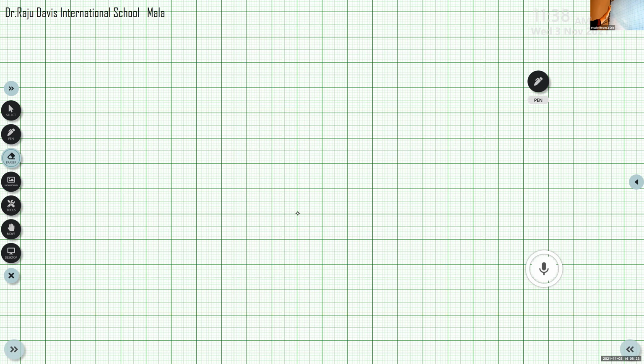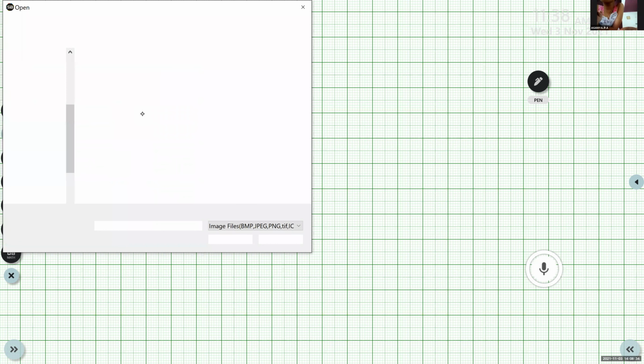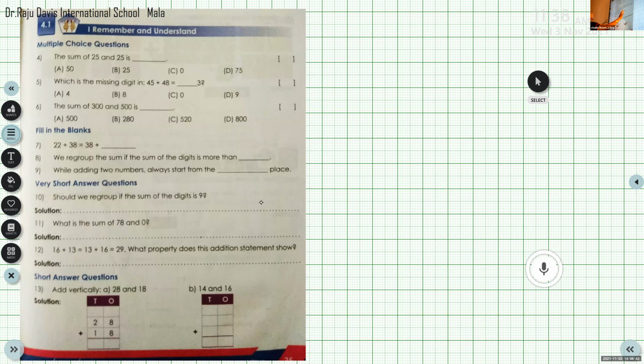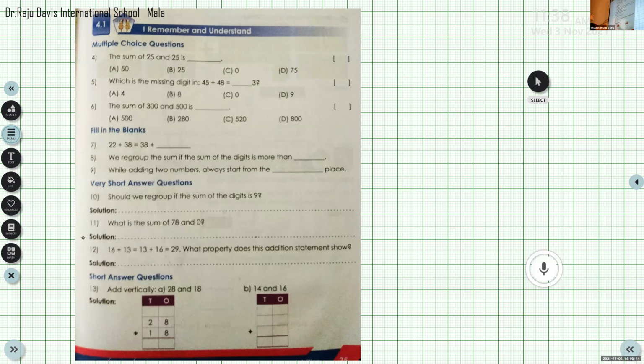Take the next page, page number 25. See the board. It will come now. Wait a minute. Okay, this is the next page.